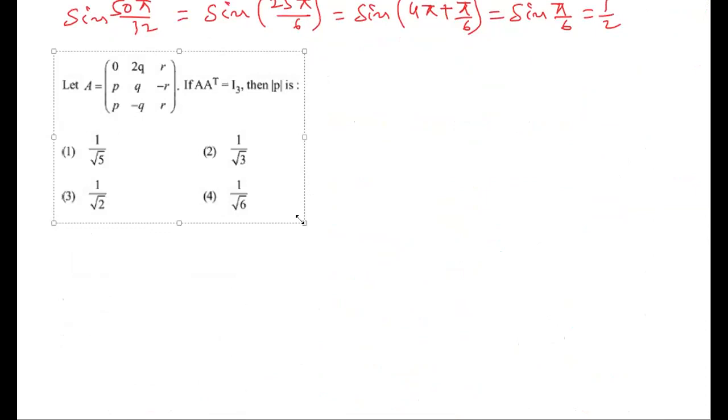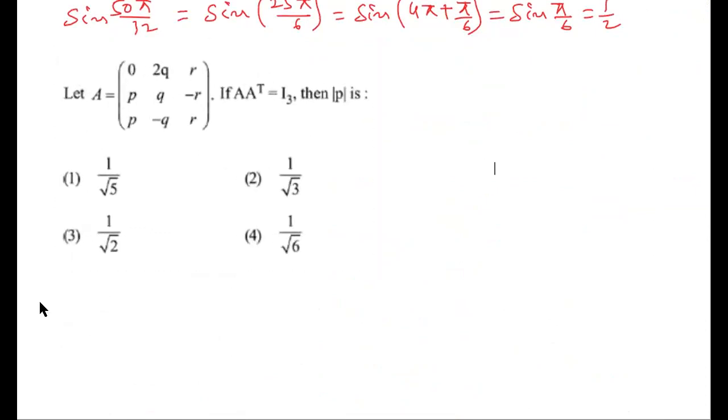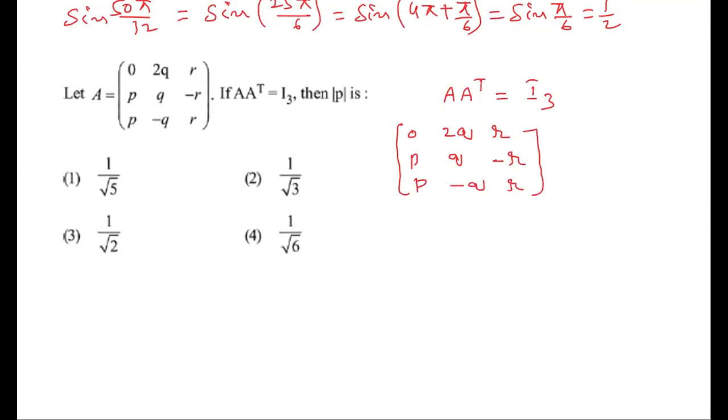See this question, what they are given. A matrix given. A into A transpose is equal to I3 given. Find modulus of P. So A matrix, what they are given: 0, 2Q, R, P, Q, minus R, P, minus Q, R. This is A matrix.